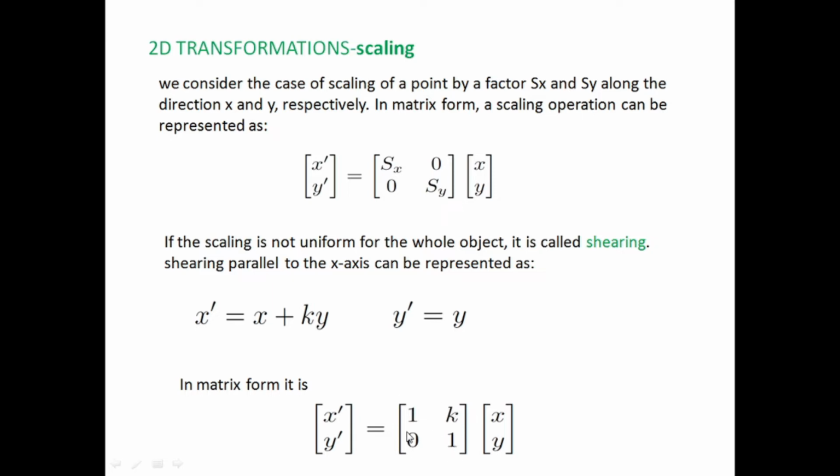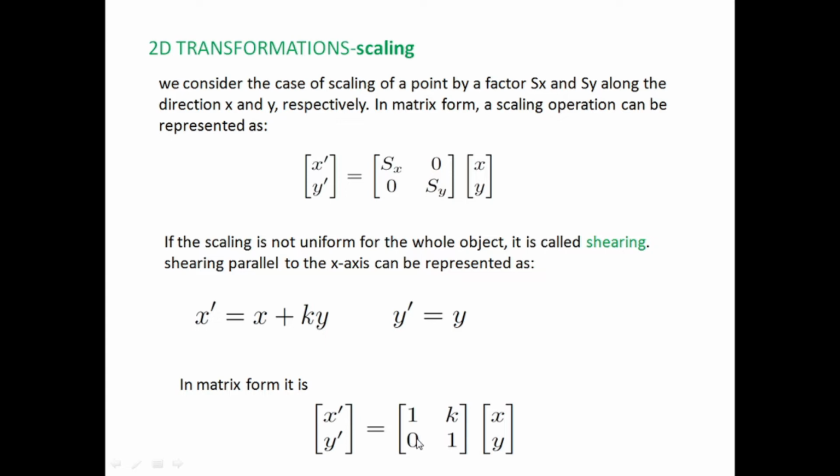If I assume in this manner, as y is not undergoing any shearing, that means k equal to 0, right? Because if I assume y dash equal to y plus ky, or otherwise instead of k, let me go with y dash equal to y plus mx. So here m is equal to 0.